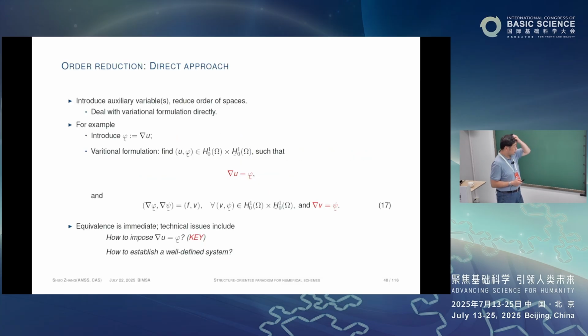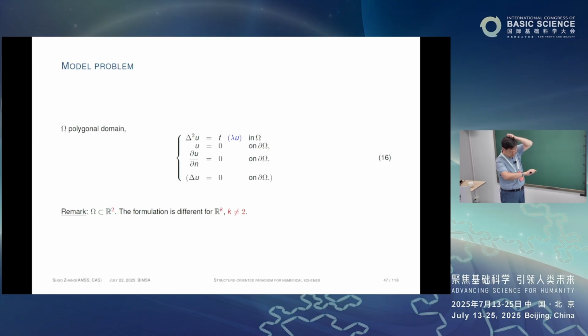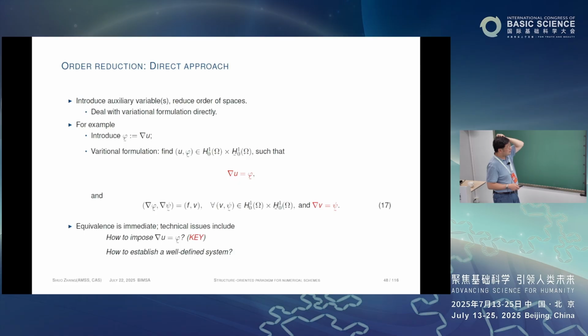Okay, so what do we do? Let us first consider 2D. In 2D, we just consider this formulation. That is to say, u is the solution of the equation, and we use phi to denote gradient u.